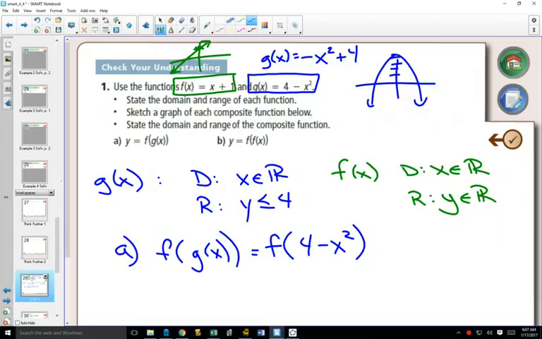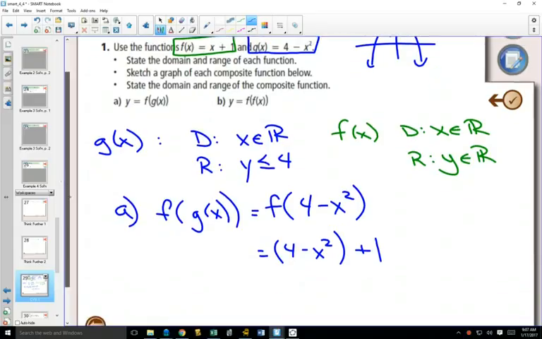What does f always do? It says whatever you plug into it, you add 1 to it. So if we plug in 4 minus x squared, it's going to equal 4 minus x squared plus 1. Because the function f of x says whatever you plug in, add 1. So if you plug in 4 minus x squared, we take 4 minus x squared and add 1 to it.